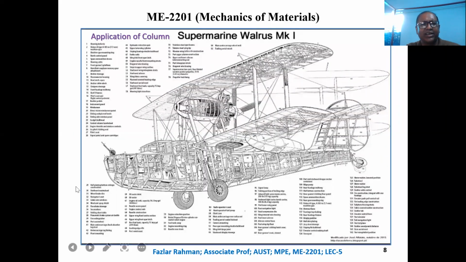You see this is an older aircraft. You see right over here, this structure is carrying the weight of the upper wing. What does it mean? That means they're carrying compressive load. Similarly, this structure, also a rectangular type body, is carrying compressive load.